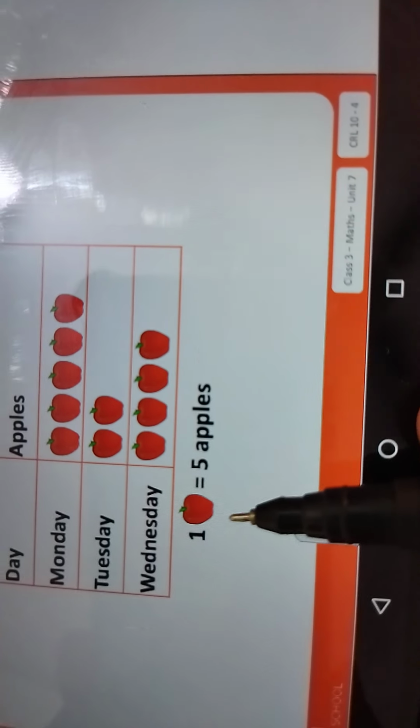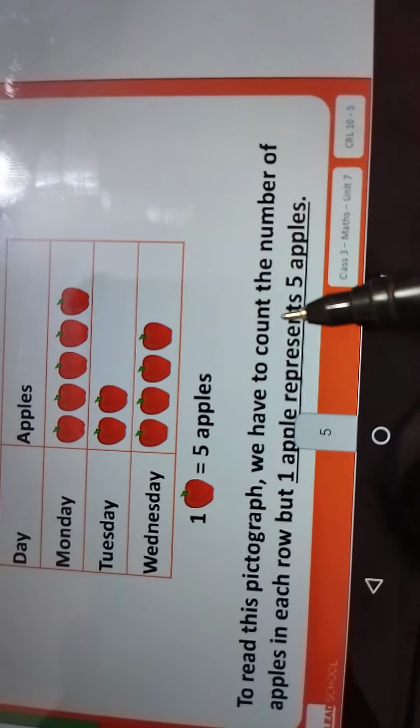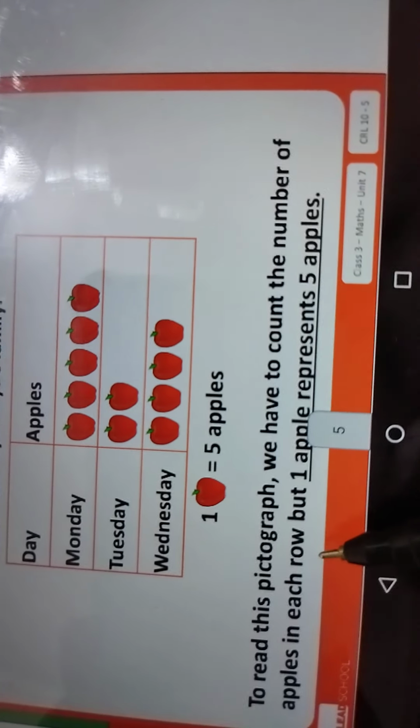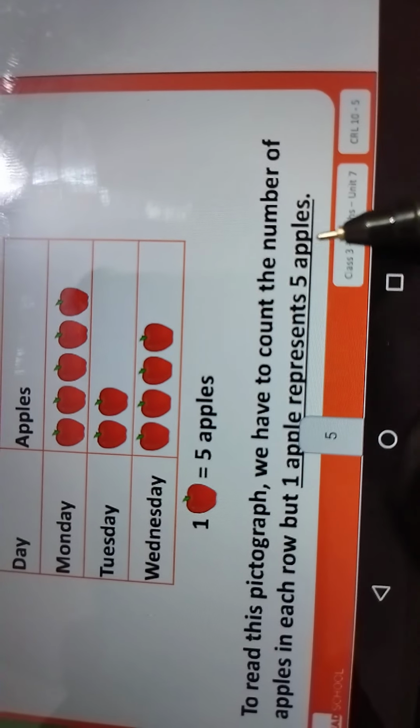So there are 5 apples on Monday, 2 apples on Tuesday and 4 apples on Wednesday. Then 1 apple is equal to 5 apples. 1 apple represents 5 apples. How many apples does the 1 apple here represent? 5 apples.